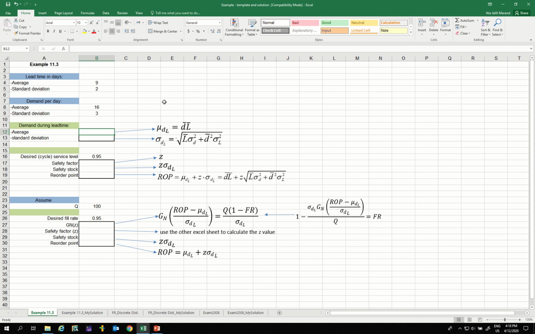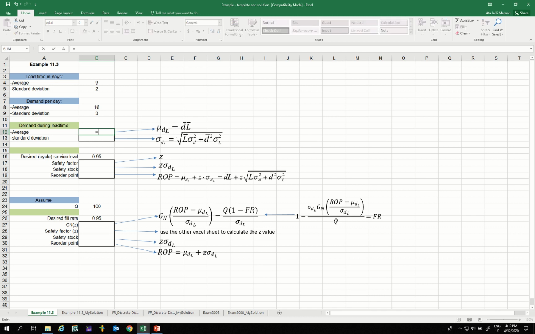And the point is that here, as you can see, the lead time is in days, the demand is given per day, so I can use the numbers as they are presented here. Otherwise, if the time units were not consistent, I needed to do some more calculations to make the time units consistent.